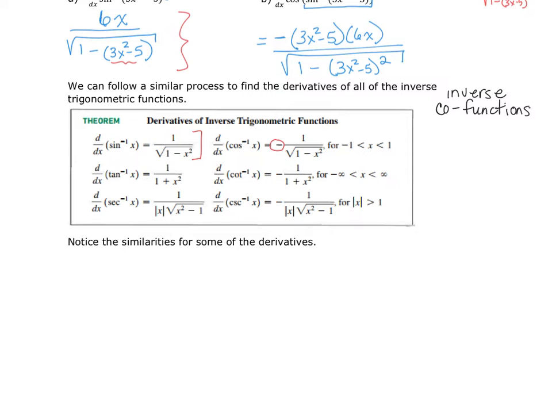Similar for tangent and cotangent, and secant and cosecant. So all of your co-functions, the ones that actually say cosine, cotangent, cosecant, will be negative. Basically, if you learn the first three, sine, tangent, and secant, then the other three are free. You just have to remember that the co-functions are negatives.